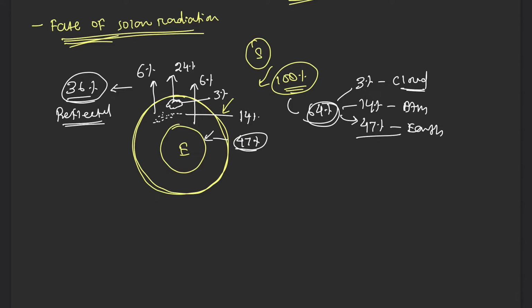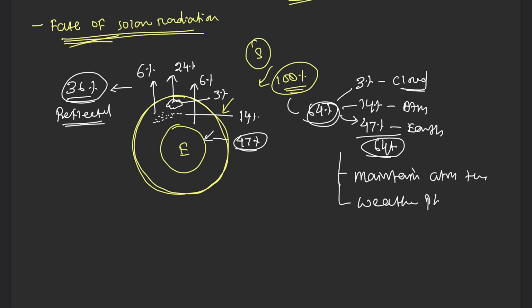So in total, 64% remains in the Earth. So what happens to this 64%? It maintains the Earth's atmospheric temperature, takes part in weather phenomena, then visibility, and our photosynthesis. This energy is being utilized.